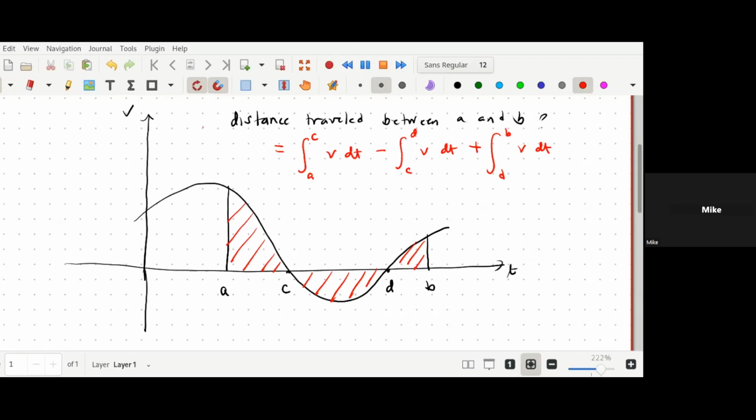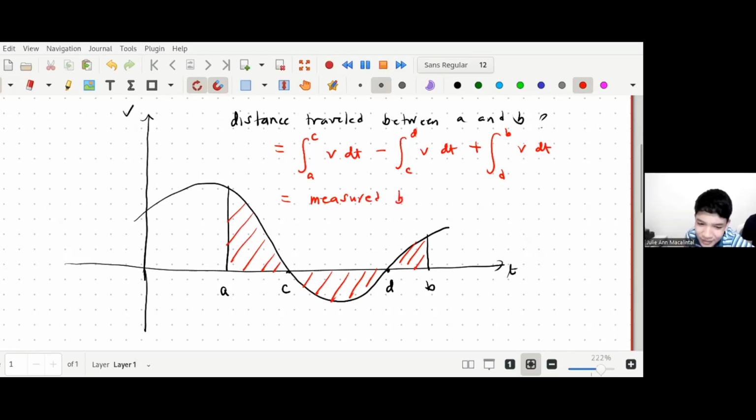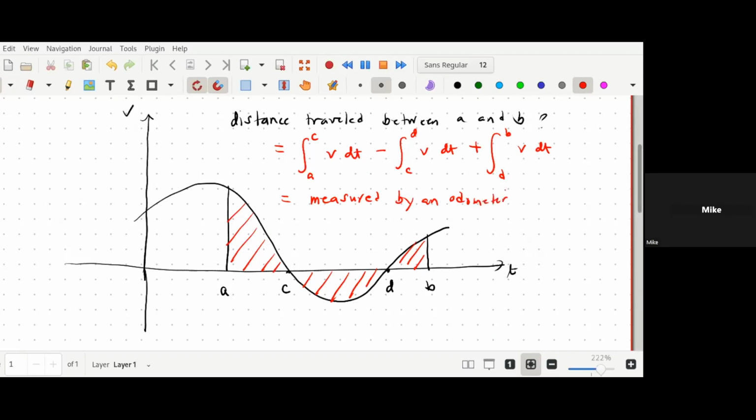So distance traveled, yan yung kung meron kang odometer. Alam mo yung mga odometer sa kotse? Kung yung kotse mo nag-start sa bahay, pumunta ng school, or pumunta somewhere, let's say church, and then bumalik kayo sa bahay, ano yung magiging distance traveled between those two times?